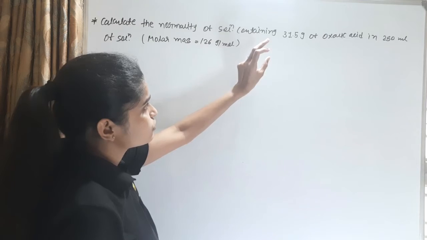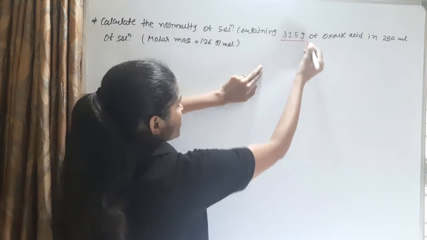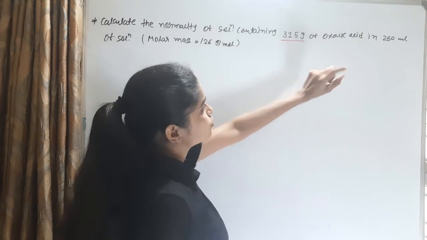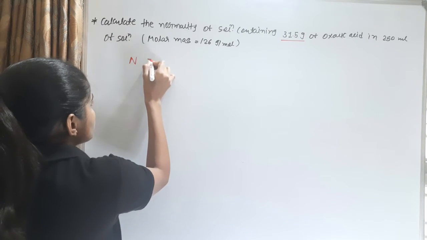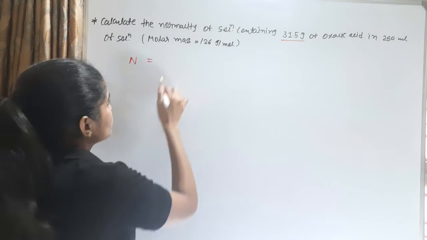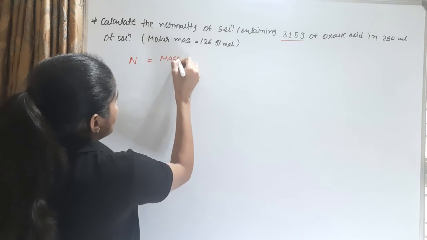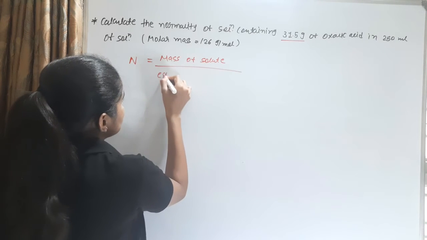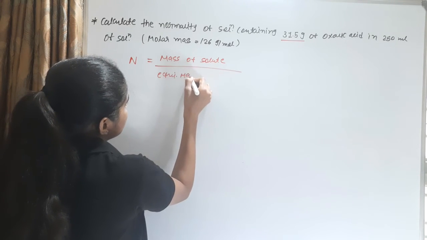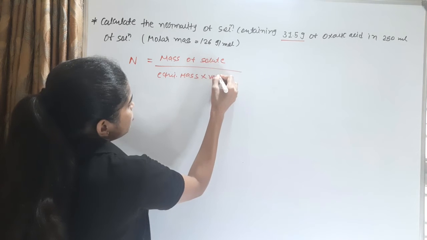Calculate the normality of a solution containing 31.5 grams of oxalic acid in 250 ml of solution. We know that normality is equal to the mass of solute divided by the equivalent mass multiplied by the volume of solution.